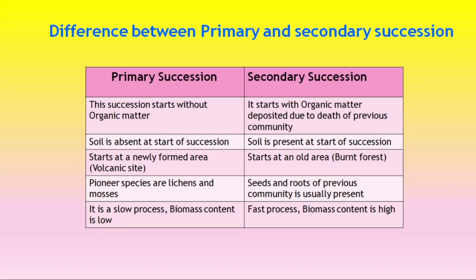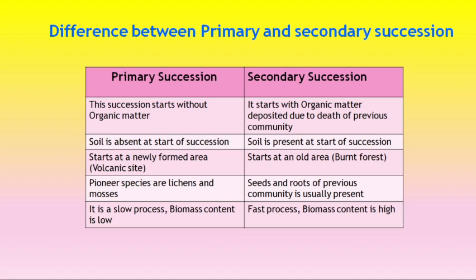The pioneer species are mostly lichens and mosses in case of primary succession, because lichens and mosses can grow in nutrient deficit areas quite easily. In secondary succession, the seeds and roots of the previous community may be present.